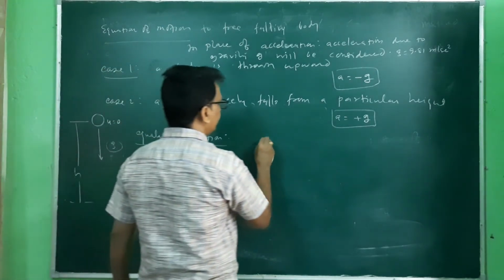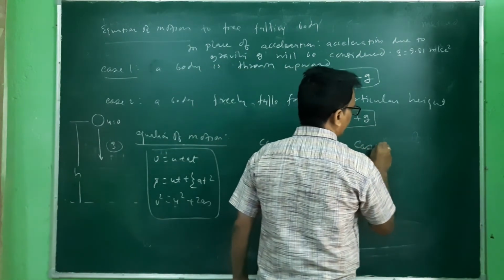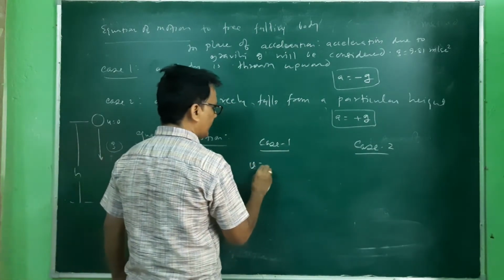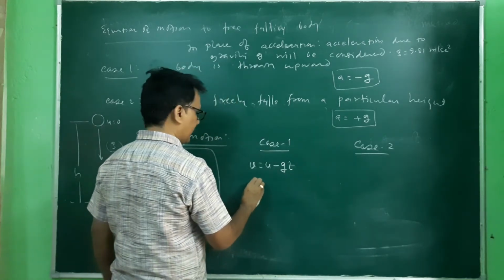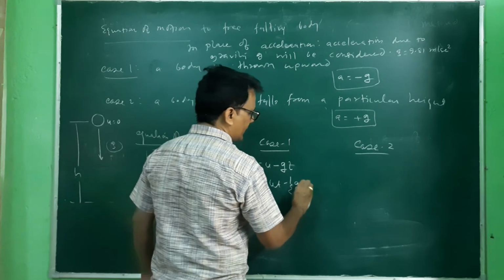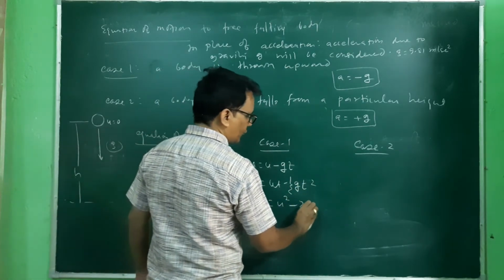So case 1 and case 2. For case 1, v is equivalent to u minus gt, s is equivalent to ut minus half gt square, and v square is equivalent to u square minus 2gs.